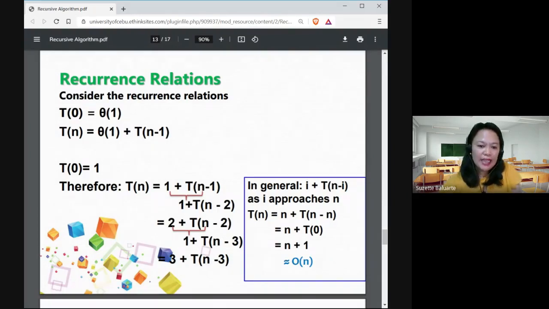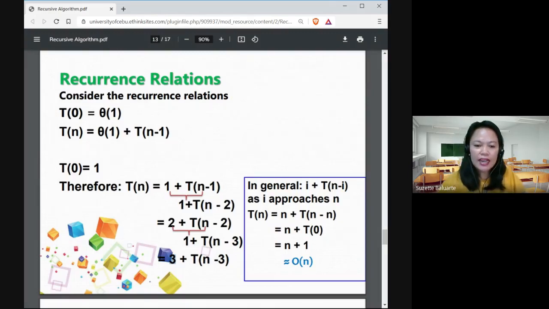So, in that case, as you can see, based on this, the 3 here, imo siyang gilisag i. Plus t of n, diba pareha man siya, 3, 3. So n minus i. Then after that, you will say, as i approaches n. Si i daw mo approach to n. So therefore, you will say t of n is equals to n plus t of n minus n.